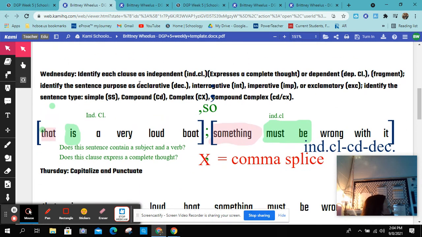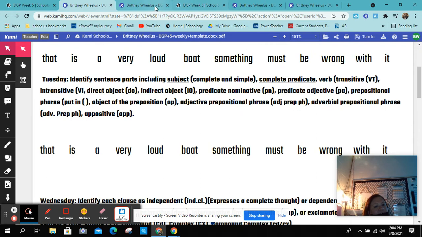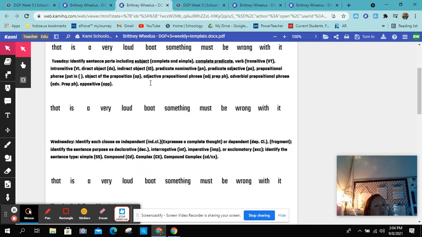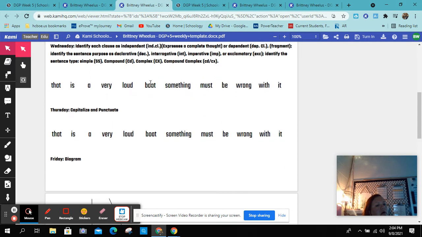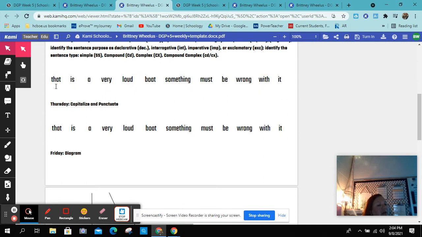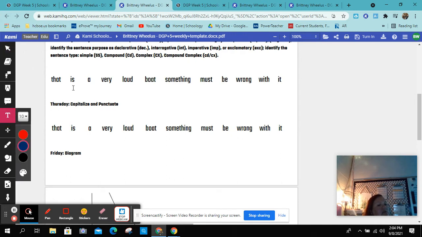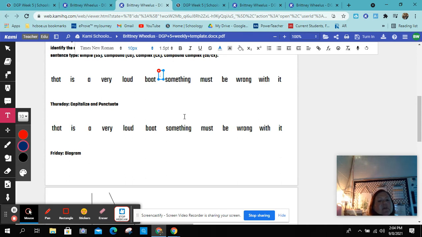All right, so we have to identify our clauses. All right, and I'm going to ask you a couple of questions. The first question is, yesterday, I put a semicolon in between the words boat and something.